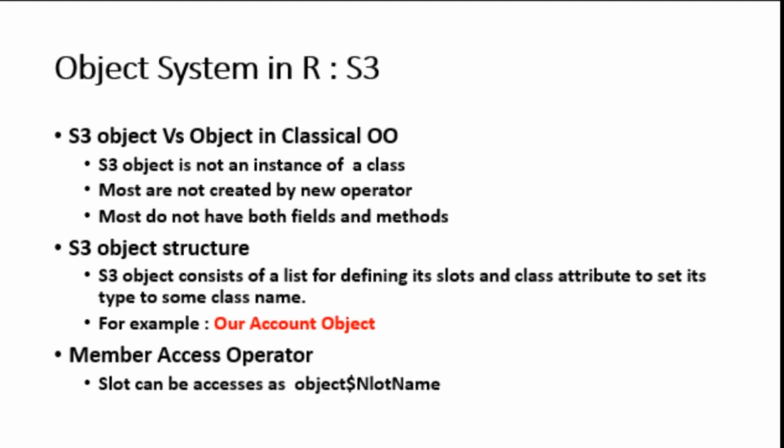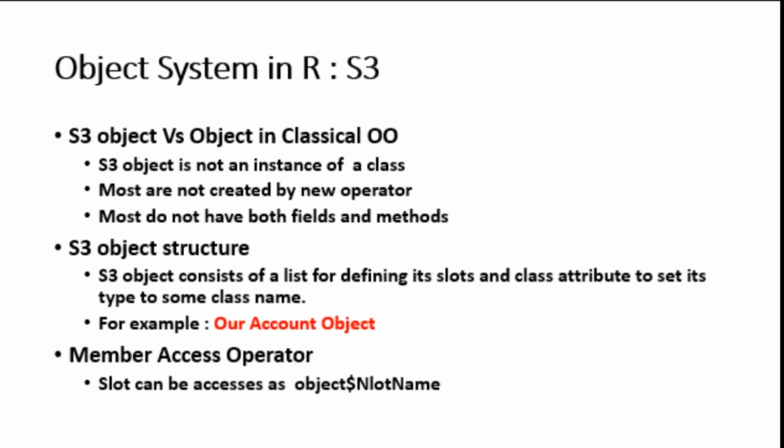In the classical system, an object is an instance of a class. A class is defined first and then the object is created from it. However, an S3 object does not require any formal class definition. The class name is simply associated with an object as one of its attributes.